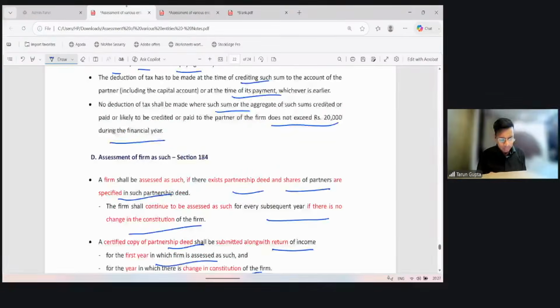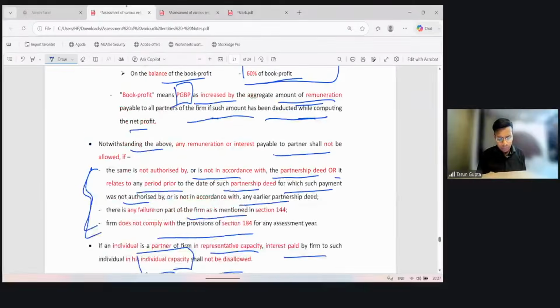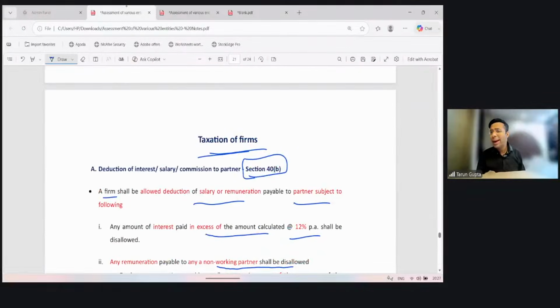So what did we discuss? We discussed the AMT. It's applicable to every person except a company. It's applicable if such person has claimed a deduction under Part C of Chapter 6A, except 80P, or 10AA or 35AD.